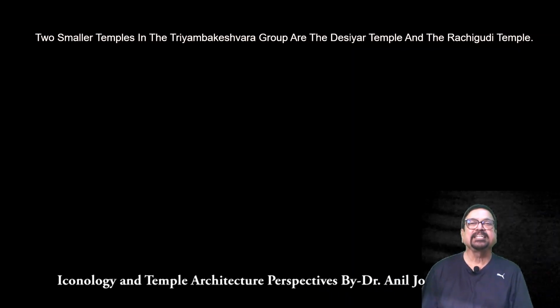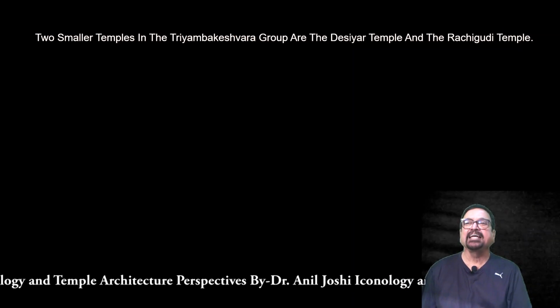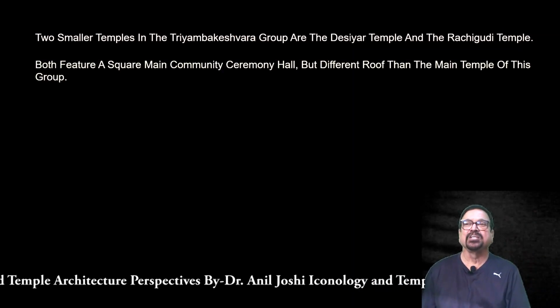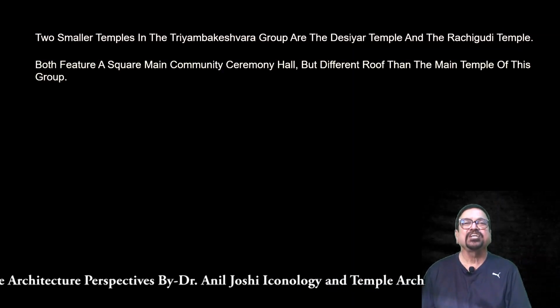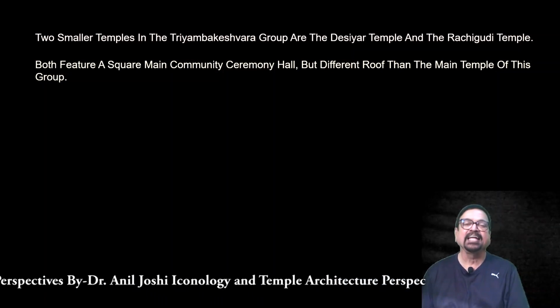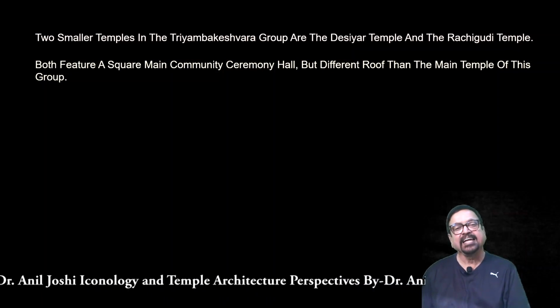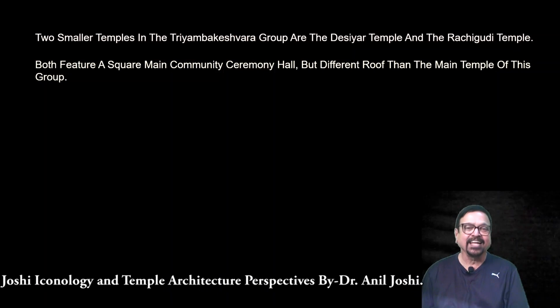The smaller temples in the Trambakeshwar group are the Desia temples and the Richigudi temples. The feature of a square main community hall, which was added subsequently, to give you an idea, was really started by the Chandals in Odisha.